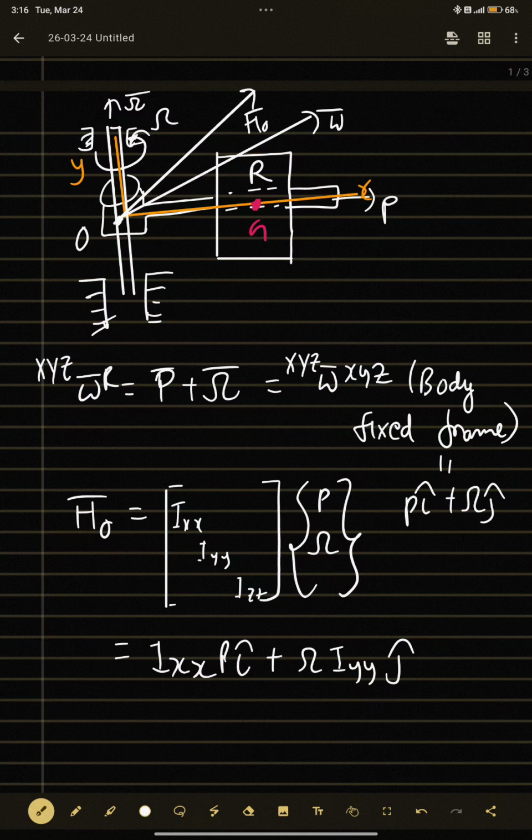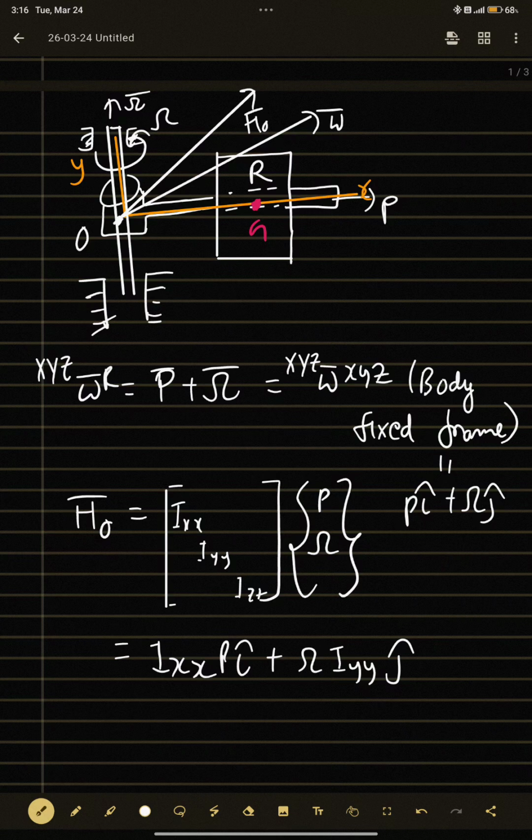How is this moving? What do we call it? Space cone. Very good. So this is the space cone. That is the absolute motion of this omega.